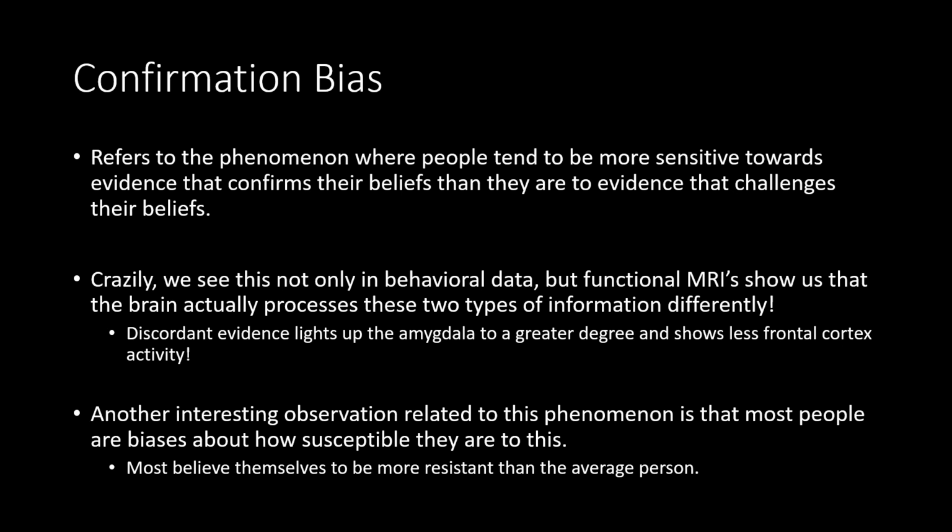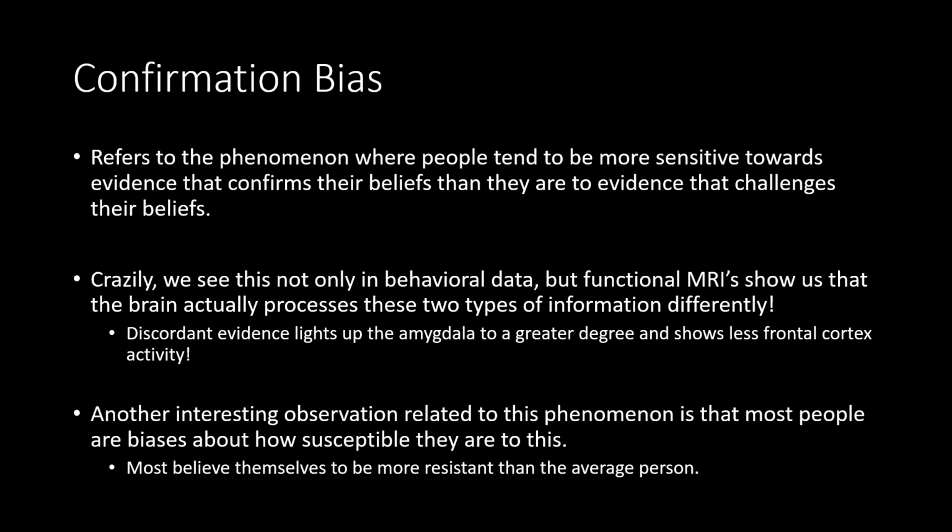And this is, again, something that is seen across all of humanity. What's crazy and relevant to this class specifically is that not only do you see this in behavioral data of how people operate and make conclusions, but even functional MRIs show us that brain activity is actually different regarding how one deals with these two different types of evidence, evidence that confirms our beliefs versus evidence that doesn't.